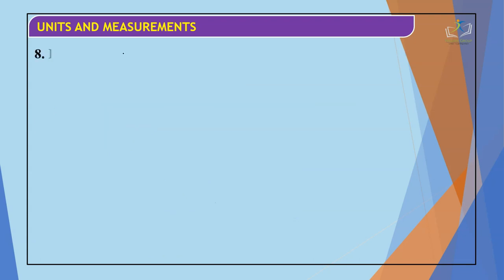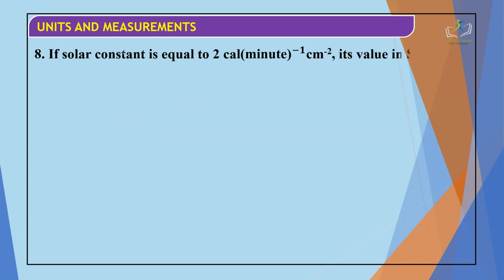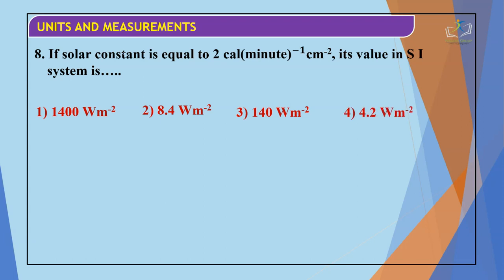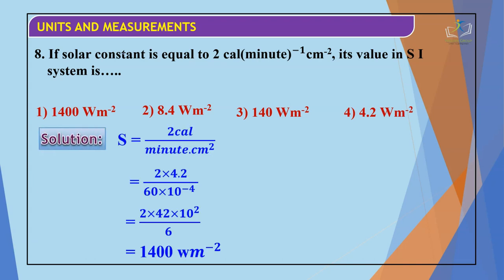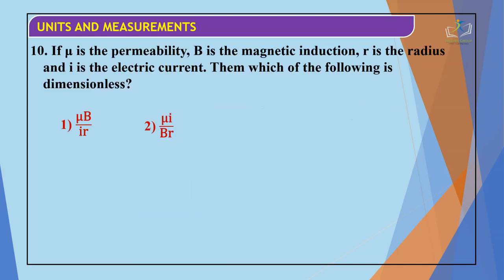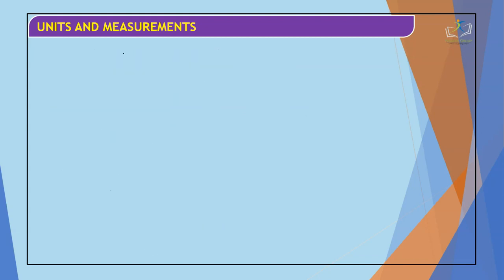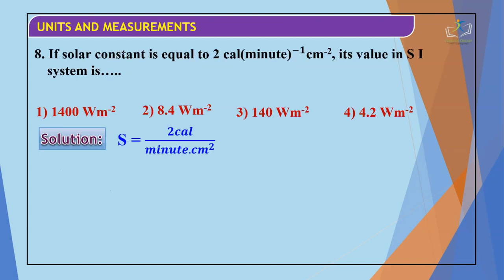Moving ahead with the next question. If the solar constant is equal to 2 calorie per minute per centimeter square, its value in SI system is 1400 watt per meter square, 8.4 watt per meter square, 140 watt per meter square, 4.2 watt per meter square. Now let's see the solution of this question. So this is 2 calorie per minute per centimeter square.